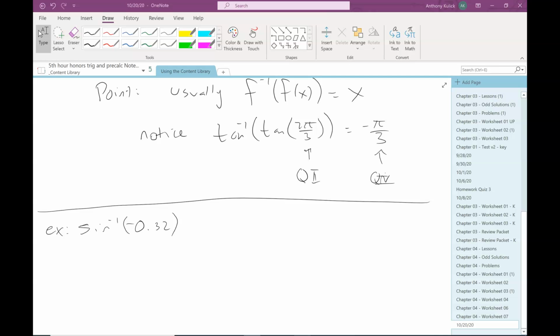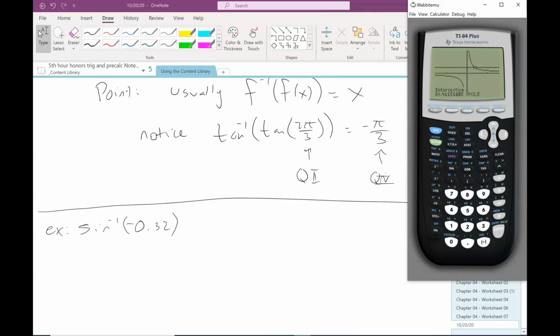So we'll type in sine inverse of negative 0.32. Now when we do this, we have to be a little bit careful. What mode does your calculator need to be in? It needs to be in radians, because notice that there is, well, I guess I don't have it in the directions.